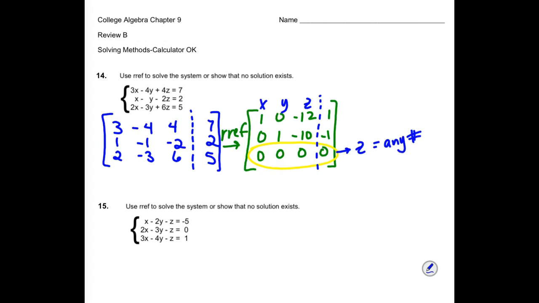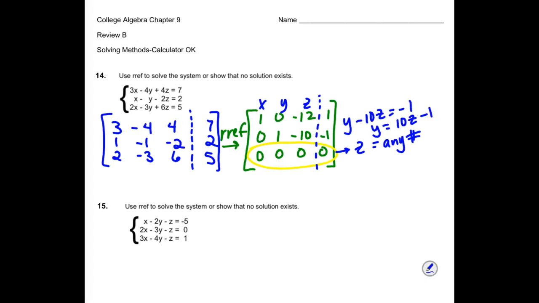And then the second row says that 1y minus 10 z's equals -1. And if I solve that for y, I'd have to add the 10z over. And the top row is telling me that 1x minus 12z's equals 1.